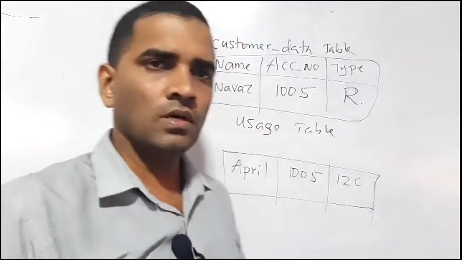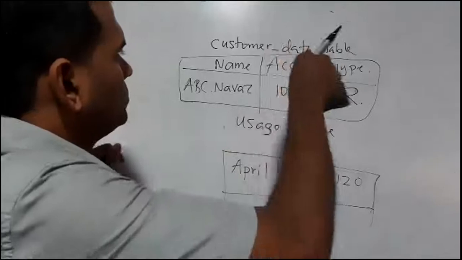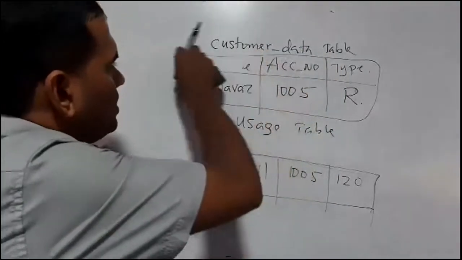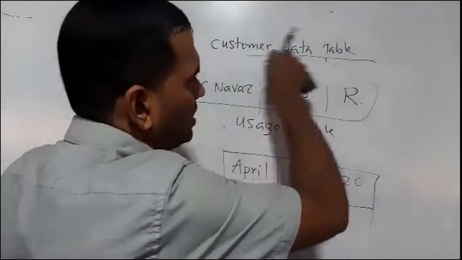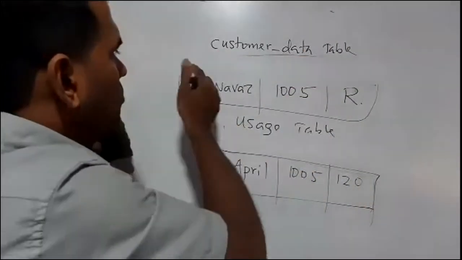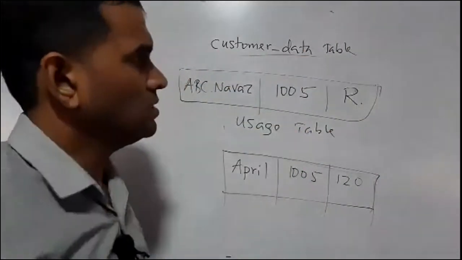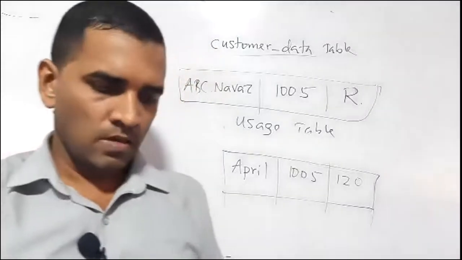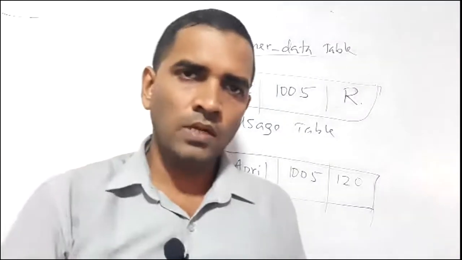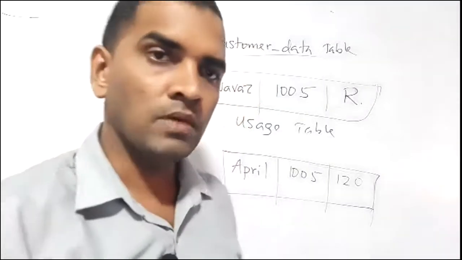This is given marks, right? And also see here in the customer data table, fields are not important because we wrote them in the same order, right? So this is also possible. Okay, so both are possible, but again I recommend my first method.